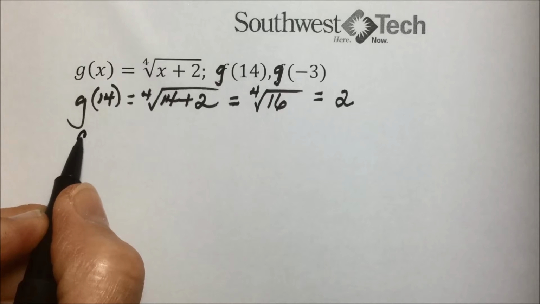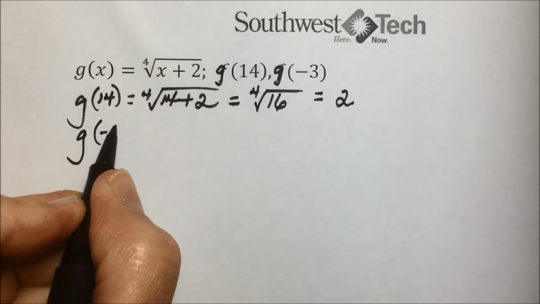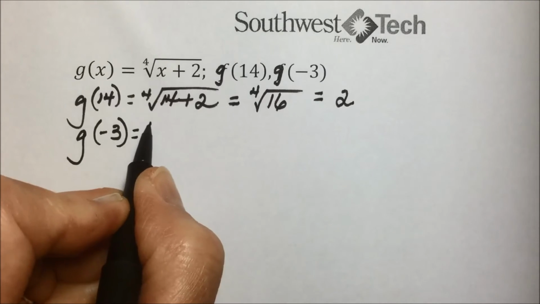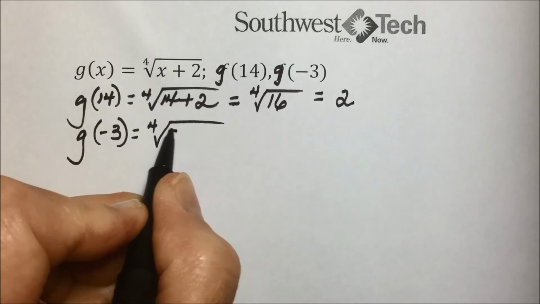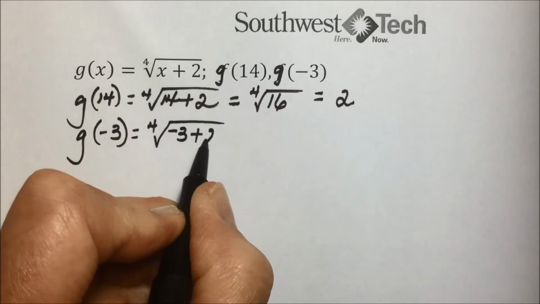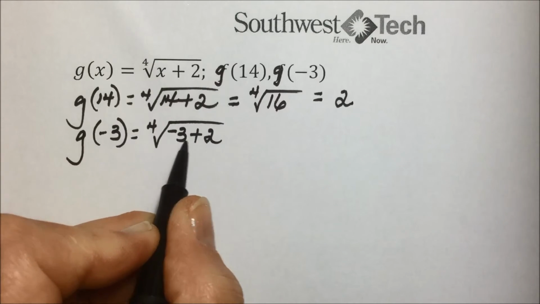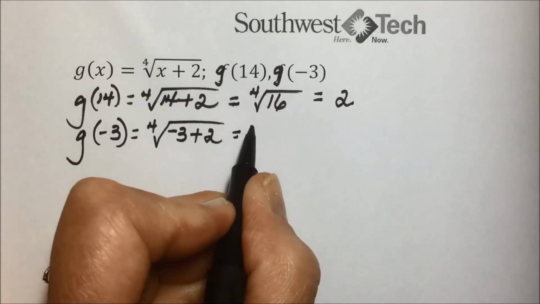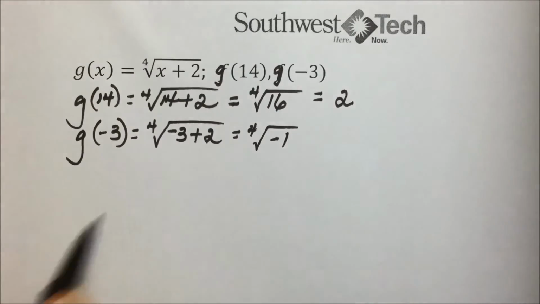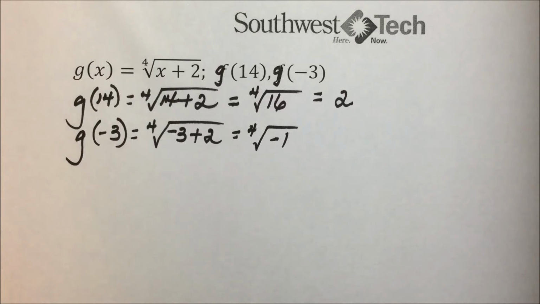Evaluating further, g of negative 3, we will replace x with negative 3. Adding, we have negative 3 plus 2, simplifying to a negative 1. And given this is an even index, we cannot take the root of a negative number.